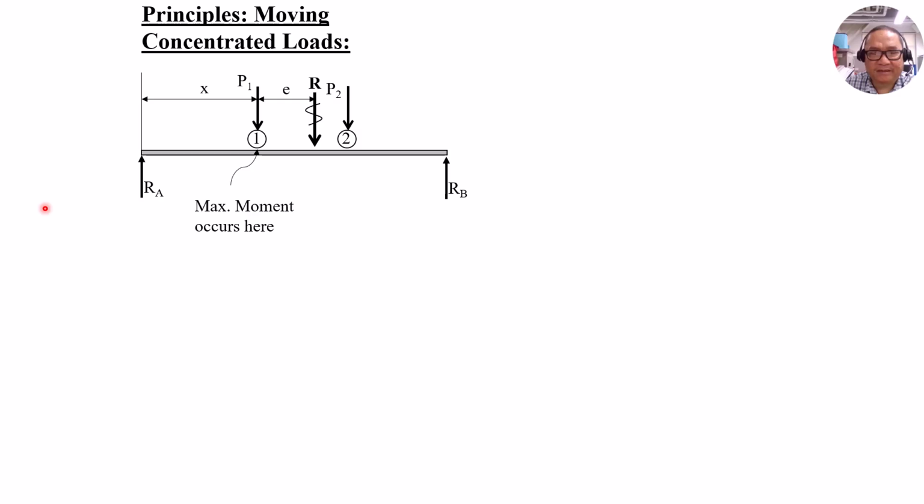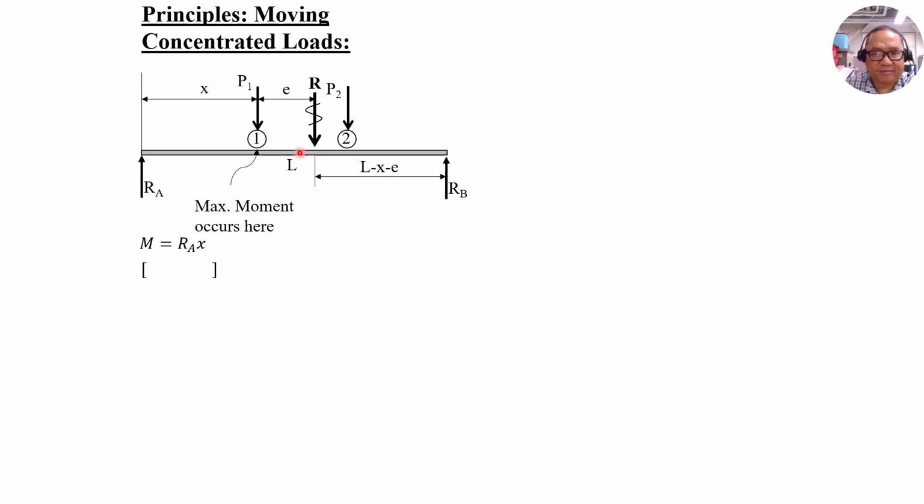So we can derive RA, noting that the span is L, by taking moment summation about B. So we have the distance of the resultant from the right support as L minus X minus E. So moment here under the load is simply RA times X. That's the anticipated expression for moment.